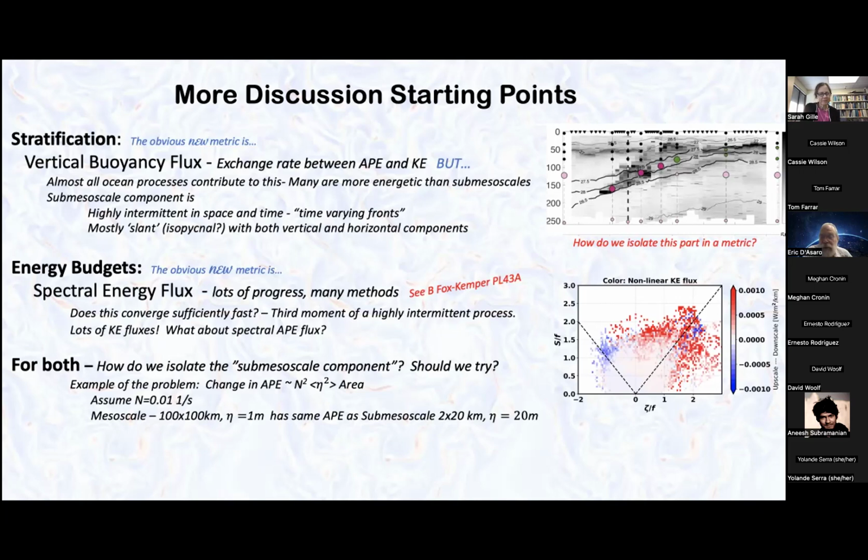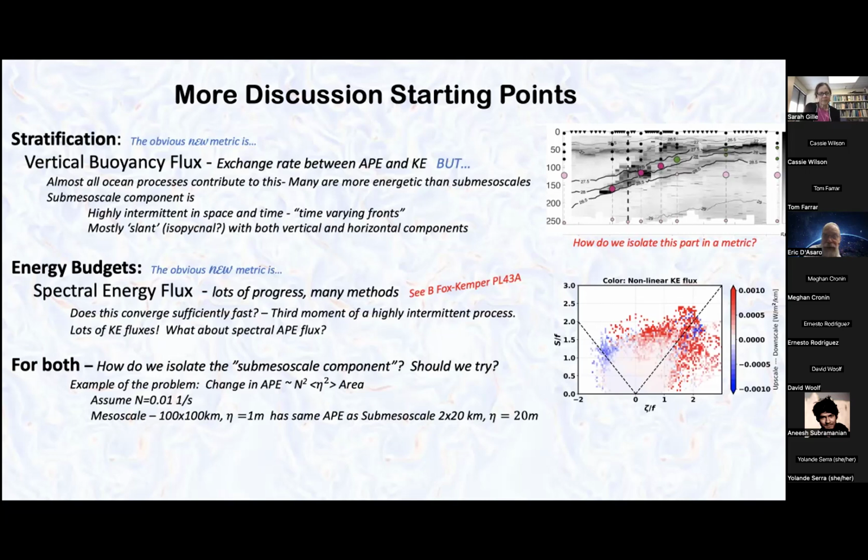There's a very good one by Baylor Fox-Kemper who talked about this issue, all the different new methods that have been developed. Spectral energy fluxes are the third moment of a highly intermittent process. Those are unlikely to converge very rapidly. For the data that we took in the Gulf Stream, with the 2 ships, we computed the third moment.